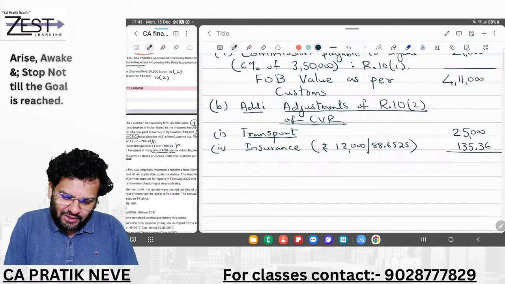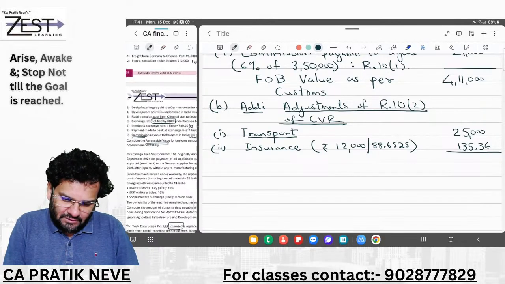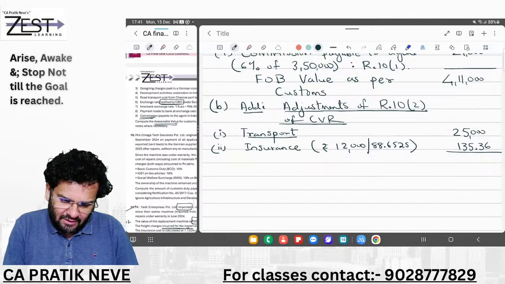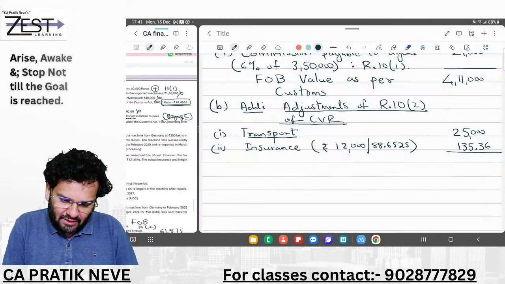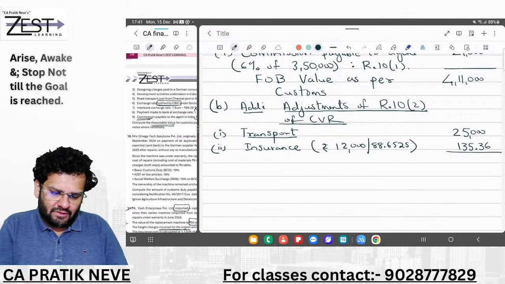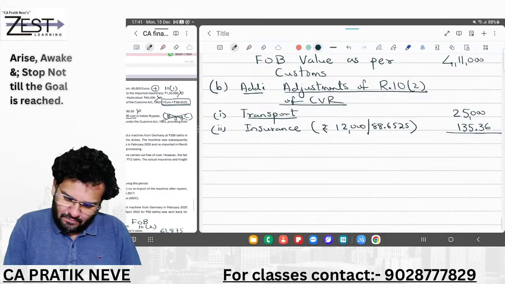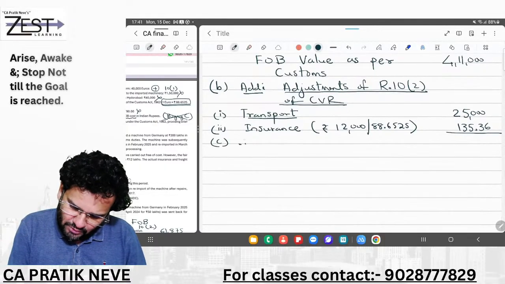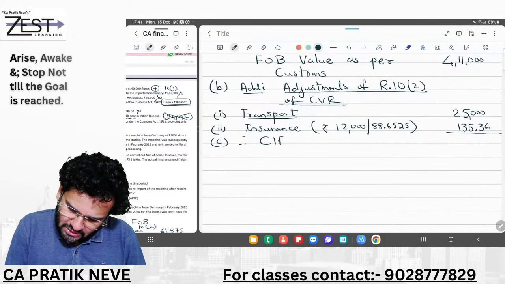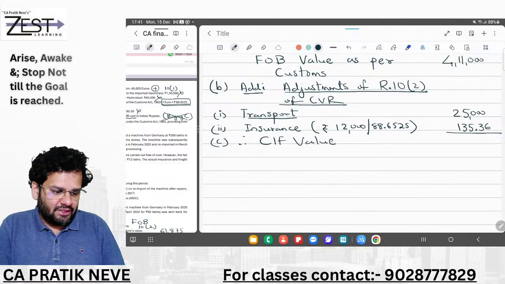Okay, so transport is done, insurance is done, designing is done, development activities was not to be taken, post import transport was not to be taken. That's it. Now friends, finally you will get the CIF value, but this CIF value is still in euros only.